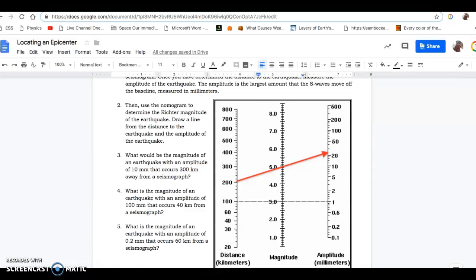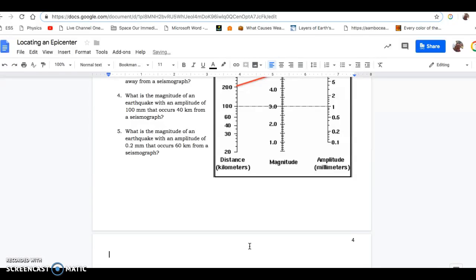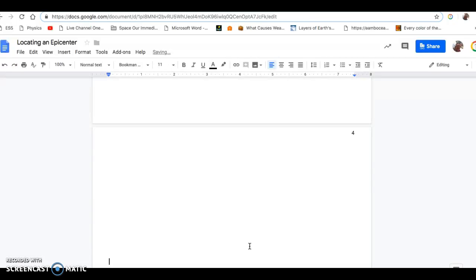Here are the two big takeaways. I'm going to type them. Important thing number one.